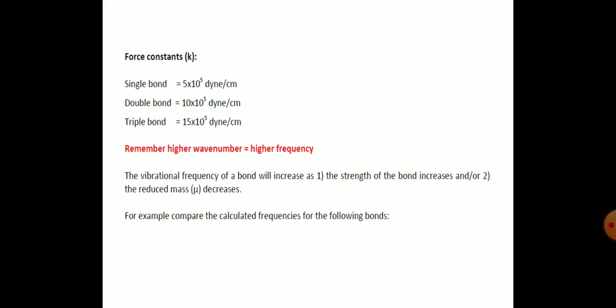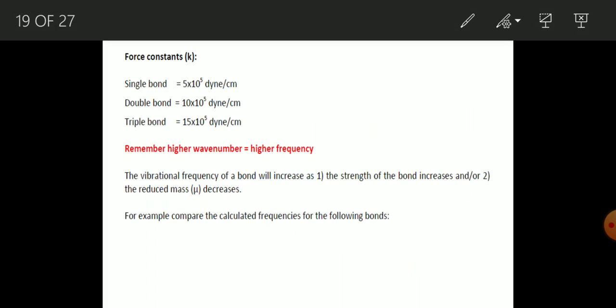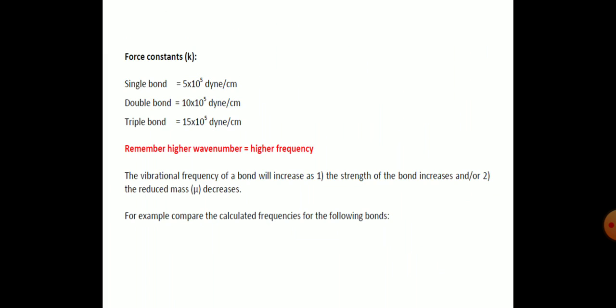Next, force constant. We know the force constant K for a single bond is 5 into 10 to the power of 5, for a double bond 10 into 10 to the power of 5, and for a triple bond 15 into 10 to the power of 5 dynes per centimeter. Remember, higher wave number means higher frequency.